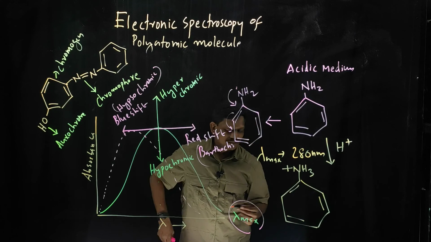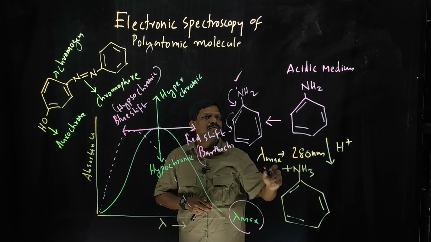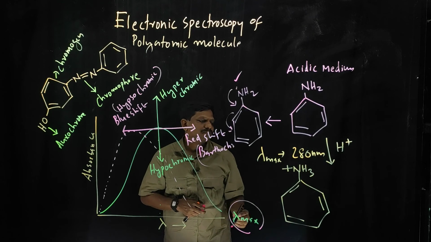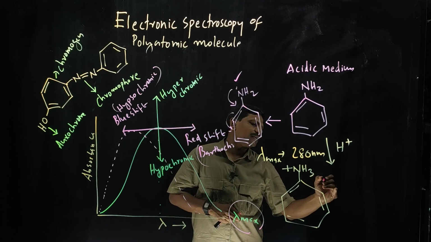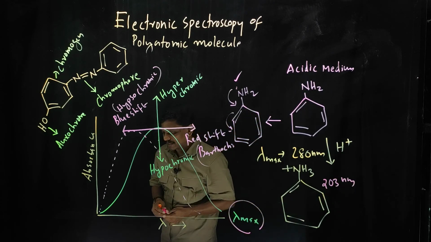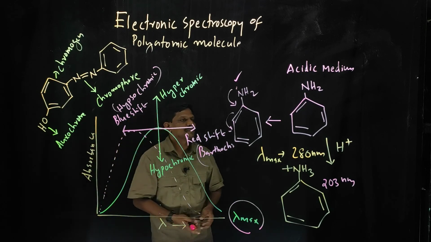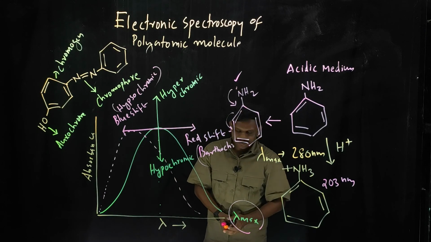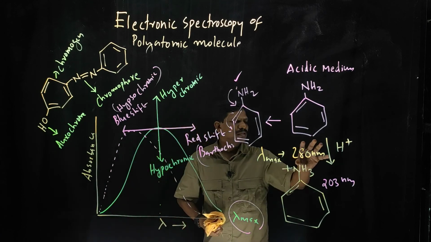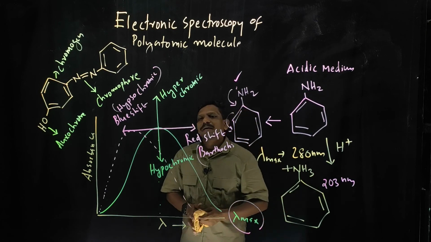So the lone pair is not contributing to the delocalization of this system. The extent of conjugation decreases here, and it is absorbing at 203 nanometer. Many factors are affecting the system, and here you can see the blue shift: 280 to 203 nanometer for a compound in a different condition is a blue shift.